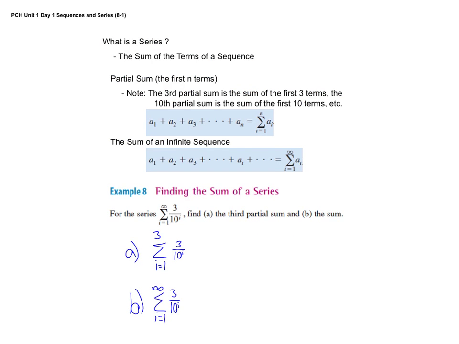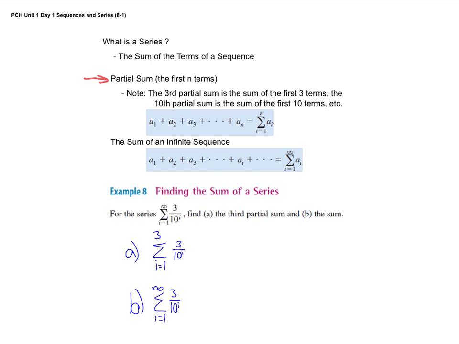So, a series is one last term we'll close off the day with here. A series, I already mentioned, is just the terms of a sequence added together. Okay? The main term that we need to make sure we understand here is partial sum. A partial sum is the sum of the first however many terms of that series.